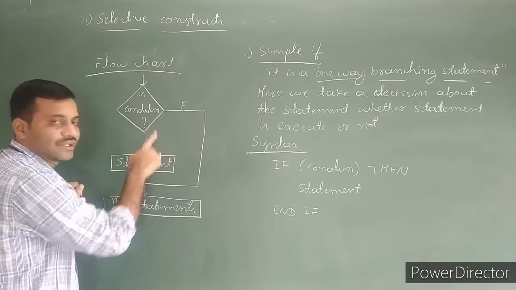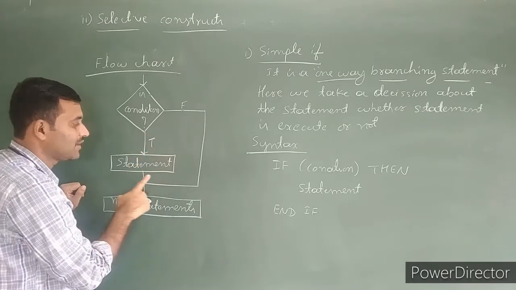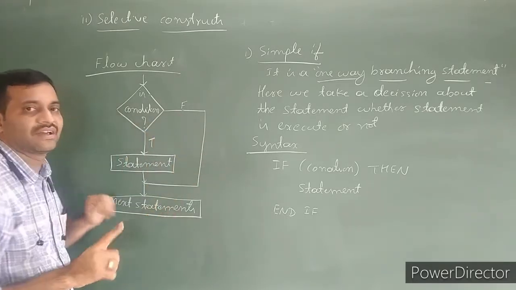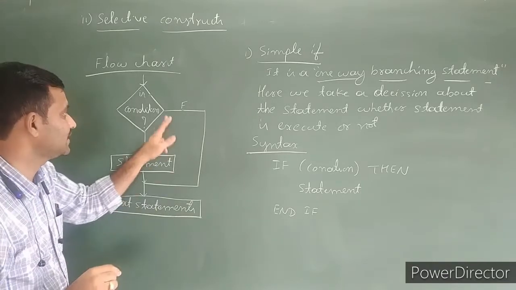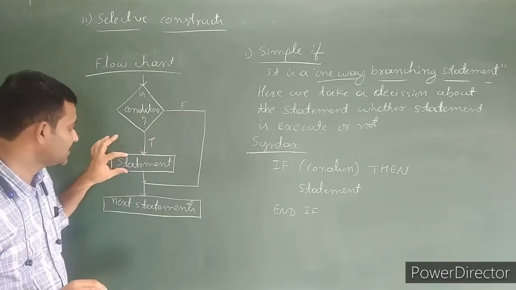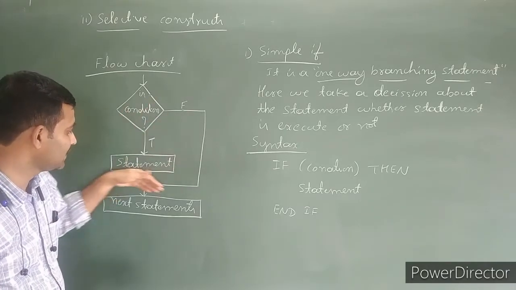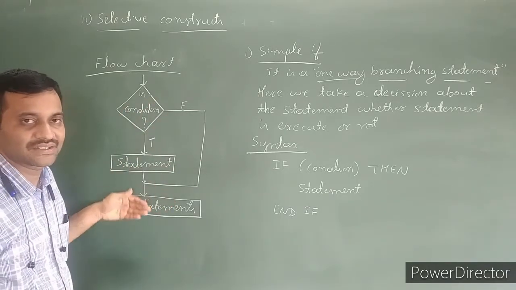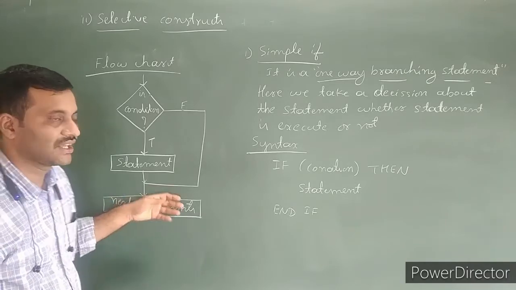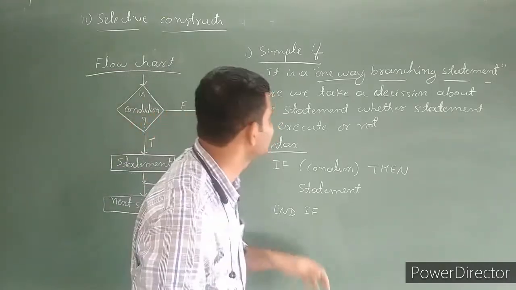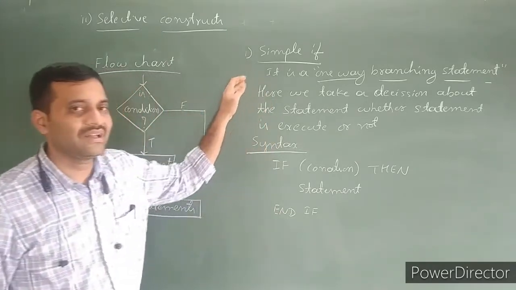If it is true, the succeeding statement is executed. If it is false, the statement is not executed. See the flowchart: verify the condition, with a question mark and two alternatives, true or false. If it is true, the statement is executed. If it is false, this block of statements is not executed, and we directly execute the next sequence of statements. Here we take an appropriate jump based on the condition. That is the working principle of simple if.